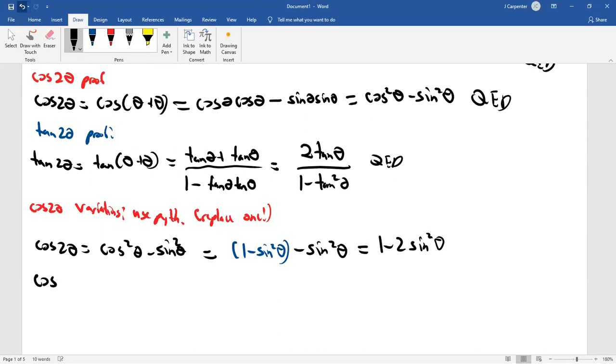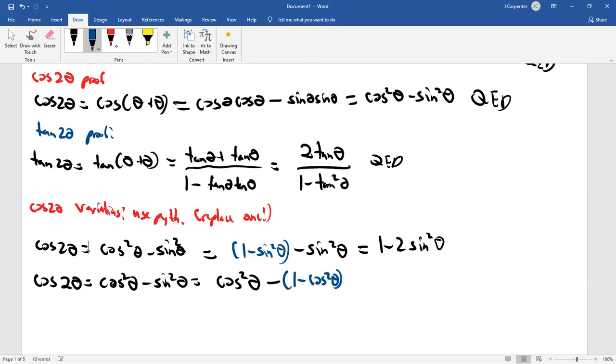Or when you have that cosine squared minus sine squared, let's instead just replace the sine squared. So I'm not going to replace the cosine squared this time. I'm just going to replace the sine squared. This time the parentheses is important because of the minus in front of it. So I'm going to have to distribute that.